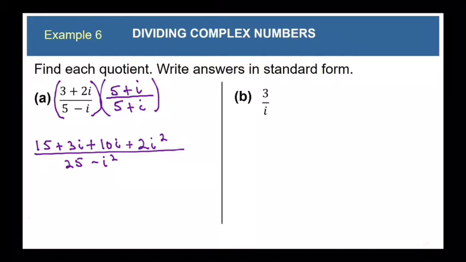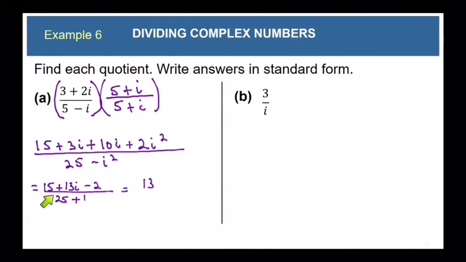Okay, now combining like terms in the top, 3i plus 10i is going to make 13i. The i squared here is going to simplify to negative 1. So we have 2 times negative 1, which is minus 2. Now in the denominator, minus i squared becomes minus negative 1. So that's going to be written as 25 plus 1.